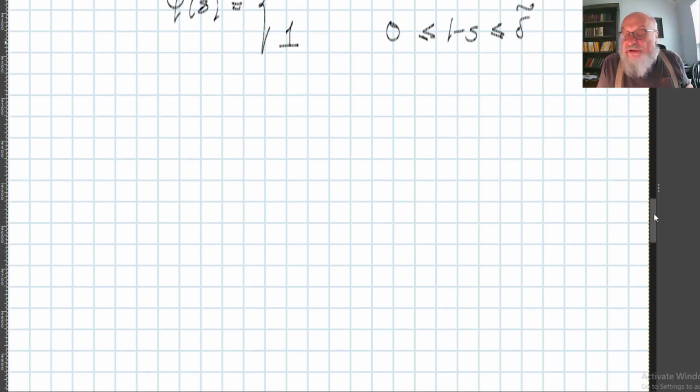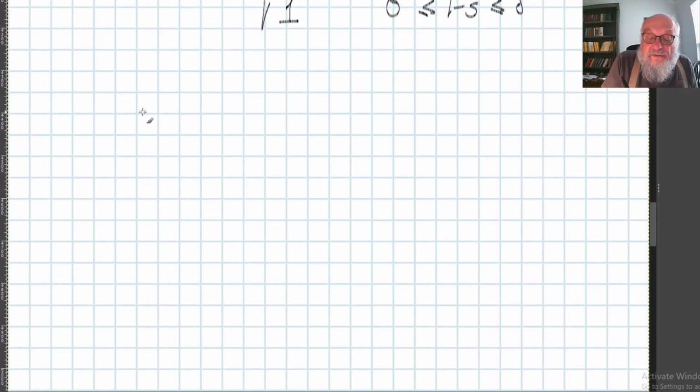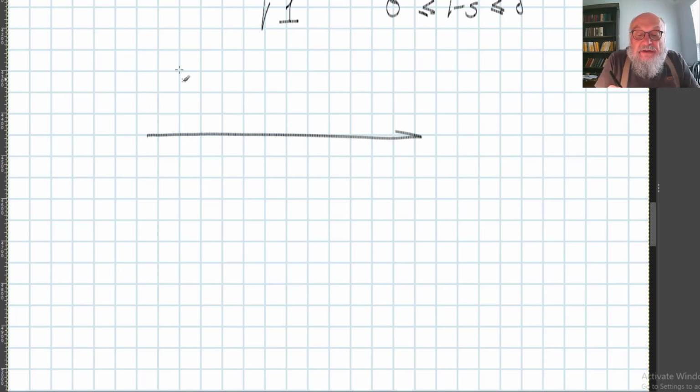So let me make a picture, show you the graph of that function. So this function looks like that. So here we have the interval. This is my interval. This is 0, and that one is mu. Here we have delta tilde standing here, and this is 1 minus delta tilde standing here.